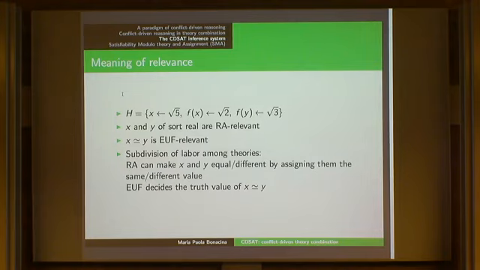And in this manner, the notion of relevance defines the subdivision of labor among the theories. So the theory of the reals can make x and y equal or different by assigning explicit values to them. On the other hand, the theory of equality is responsible for deciding the truth value of the equality x equal y.